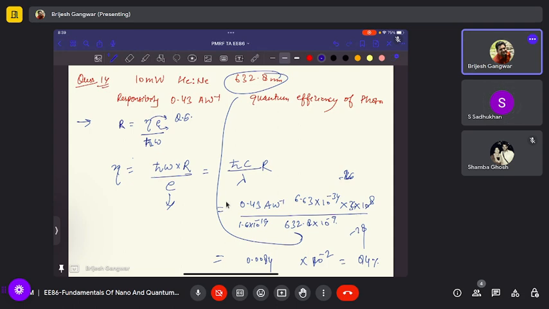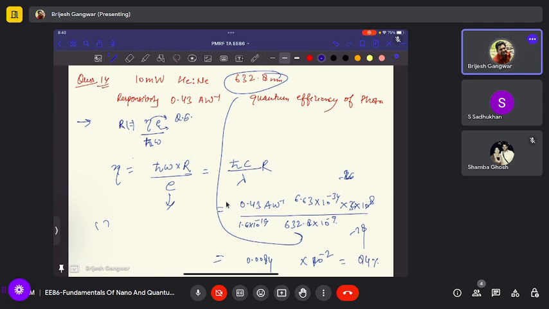Sometimes some extra information we give to confuse the student, because otherwise you can get an idea of the formula by looking at the unit: what you are finding, what is the unit of this one, and what is the unit of the given parameters, you just arrange according to that.